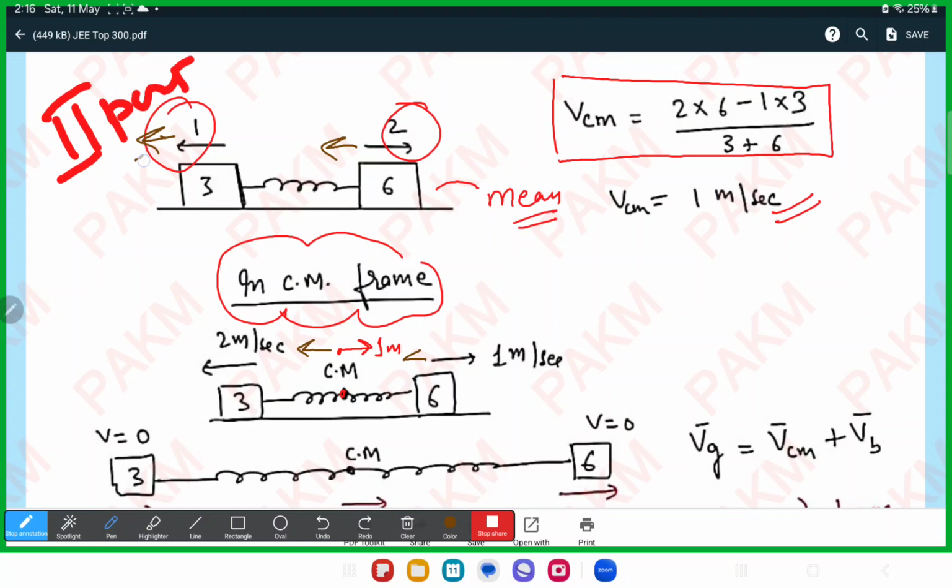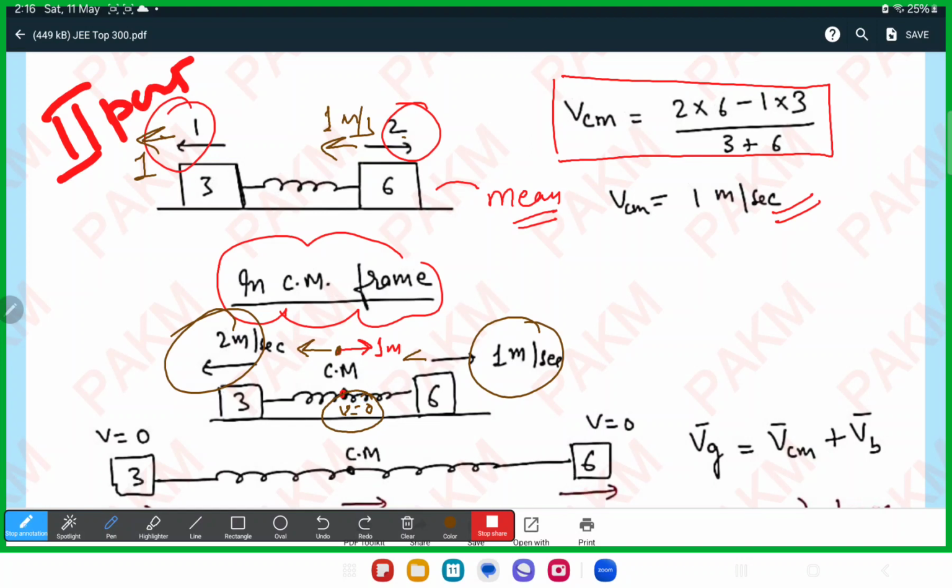And if we add the 1 meter per second, that is the relative velocity only. This is a shortcut through which you can get 1 meter per second. So here 2 minus 1, it will be 1. Here 1 and 1, it will be 2. With respect to center of mass, the center of mass velocity will be 0. So with respect to center of mass, velocities will be 1 and 2.